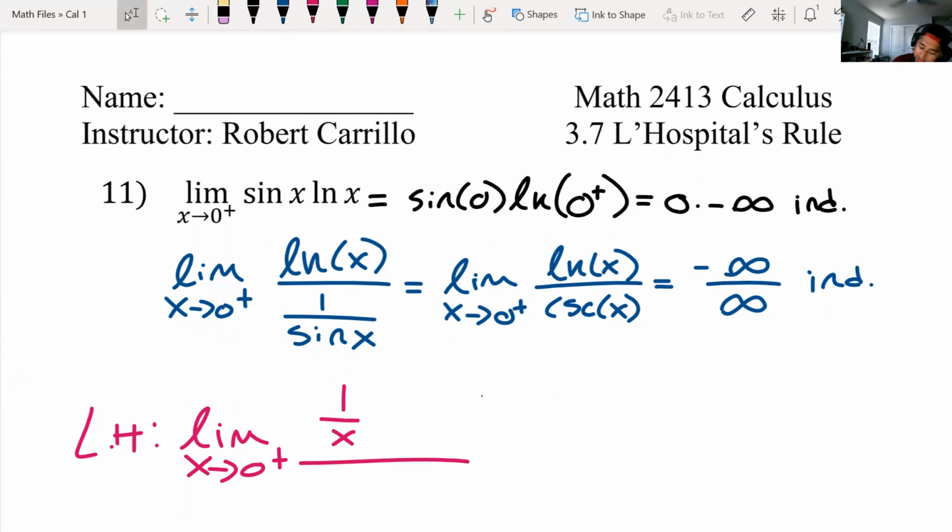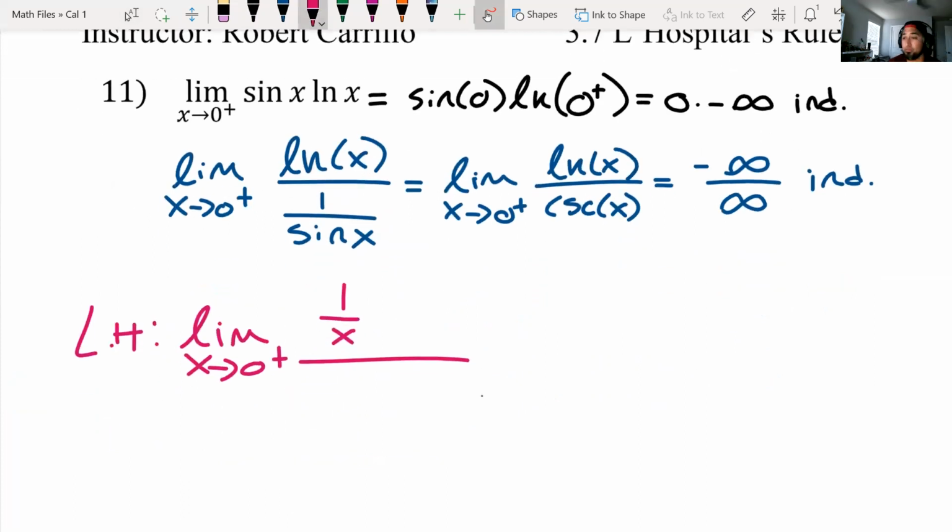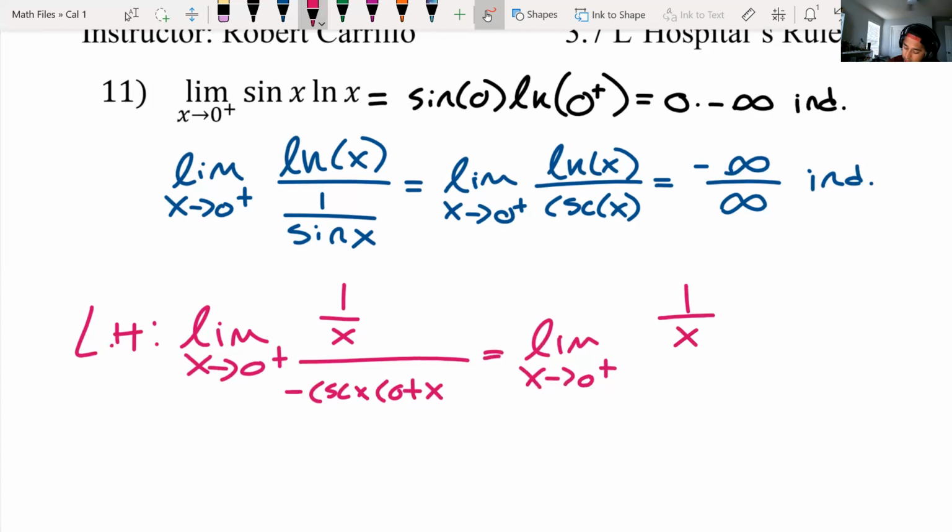And does anybody know the derivative for cosecant? Is it negative cosecant x cotangent x? Very good. Negative cosecant x, cotangent x. Okay, and now cleanup time. So we can have this as the limit as x approaches 0 from the right. And I'll keep this as this for now, 1 over x.